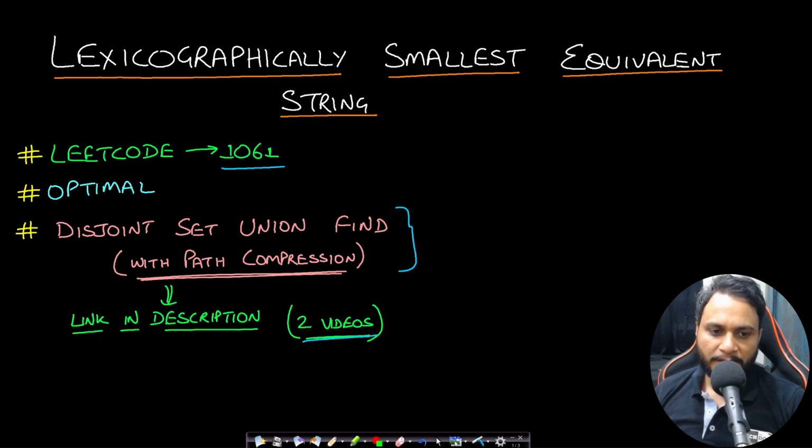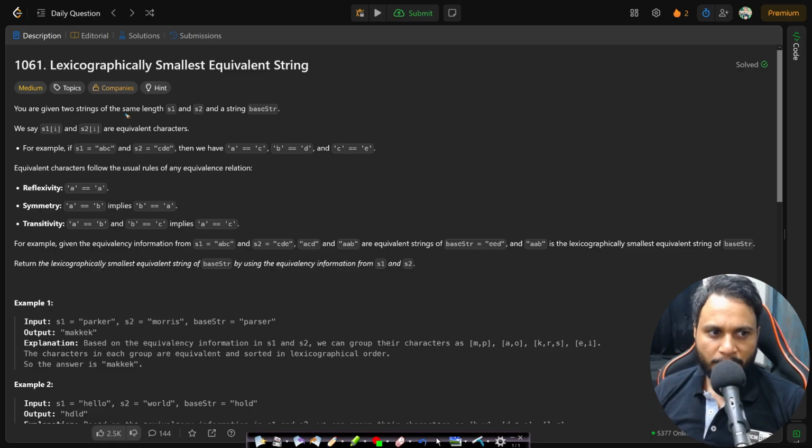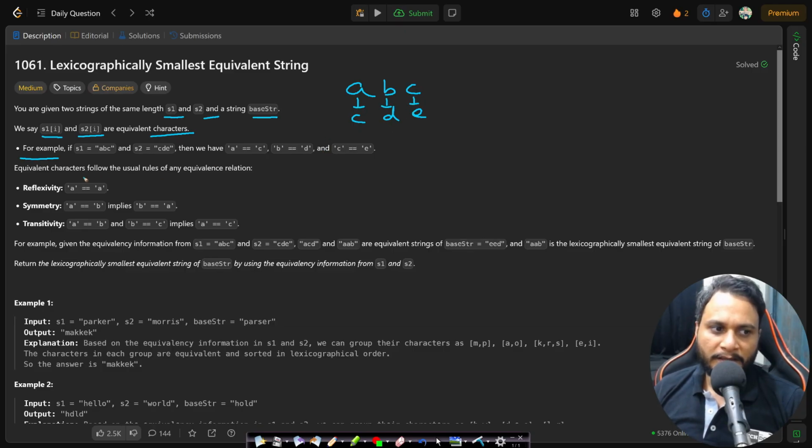In this problem you are given two strings of the same length, s1 and s2, and a string base str. We say s1 at i and s2 at i are equivalent characters. For example, s1 being abc and s2 being cde, you can say that a and c are equivalent, b and d are equivalent, c and e are equivalent. Equivalent characters follow the usual rules of an equivalence relation: reflexivity, symmetry and transitivity.